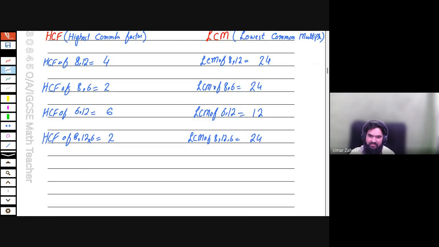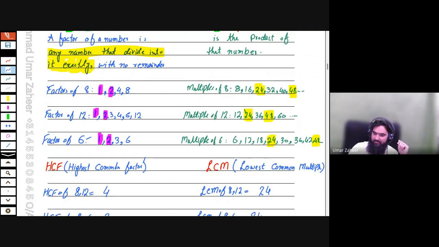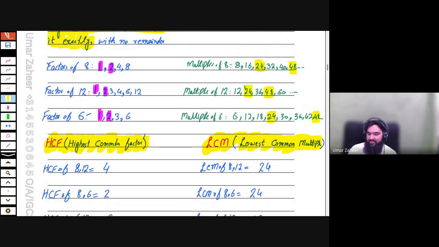So in the LCM, we have to take the lowest common multiple, and in the HCF, we have to take the highest common factor. Yes, is anyone having difficulty understanding what is meant by the LCM and HCF? What is meant by factors, the difference between a factor and a multiple? Yes. No, sir. Okay, this is one way that you can find the LCM and HCF.